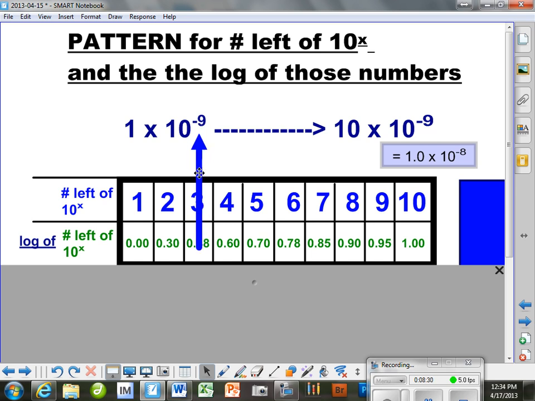Okay, what's the log of 10 to the minus 9? You're not going to find it down here. What's the minus log of 10 to the minus 9? Now, we're doing pH, and this is the hydrogen ion concentration. So what's the minus log of 10 to the minus 9?